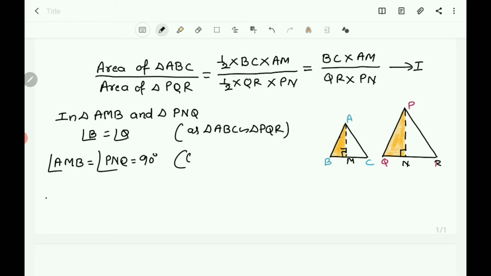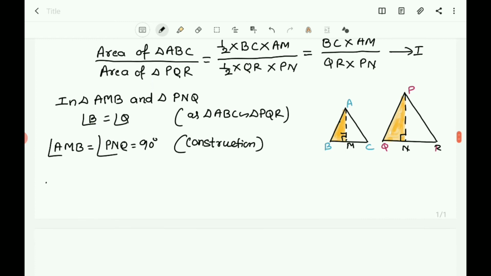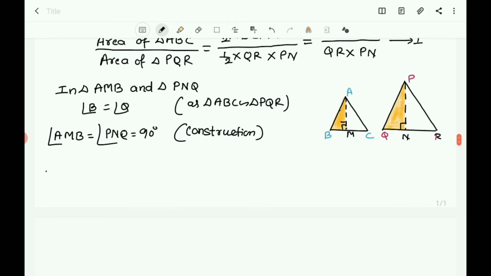That is the construction we made, in such a way that AM is perpendicular to BC and PN is perpendicular to QR. Therefore, triangle AMB is similar to triangle PNQ.